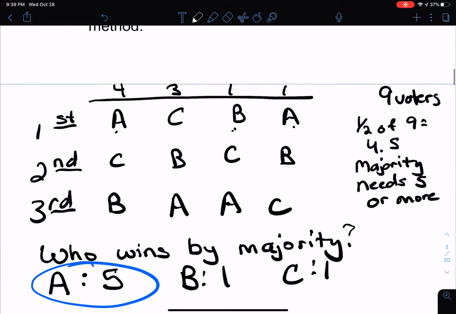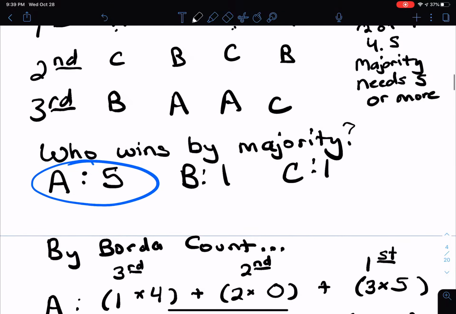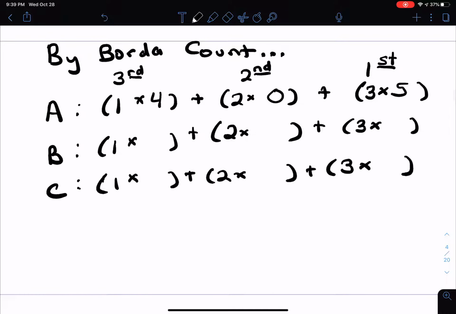All right, B had 1 first place, 4 second place, 4 third place.